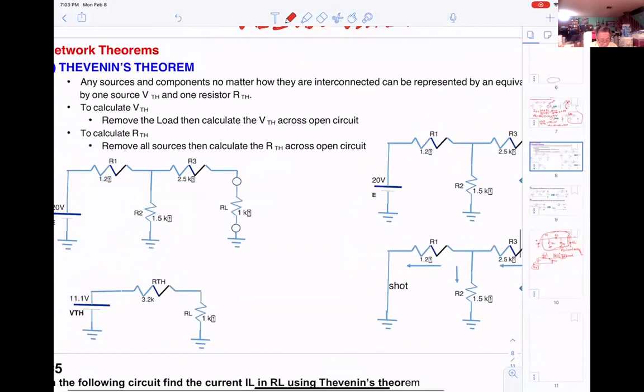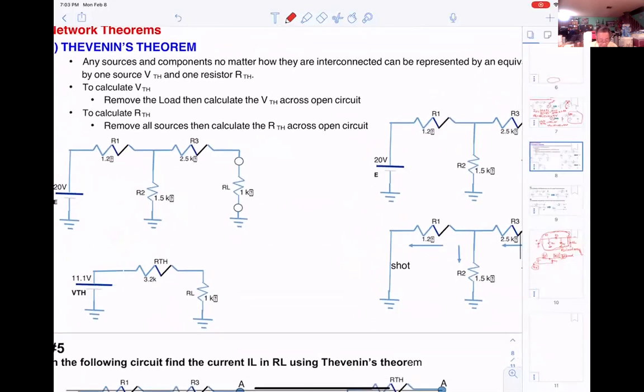Okay. Now, that means they want only one source. Okay. You can see that when we do the calculation, you get only one voltage. Okay. And also only one resistor.